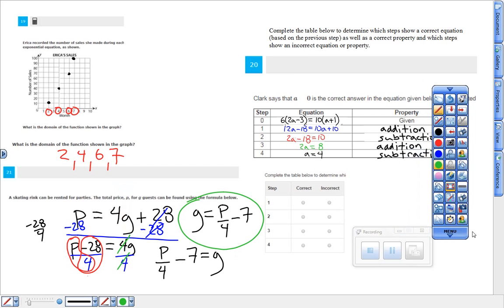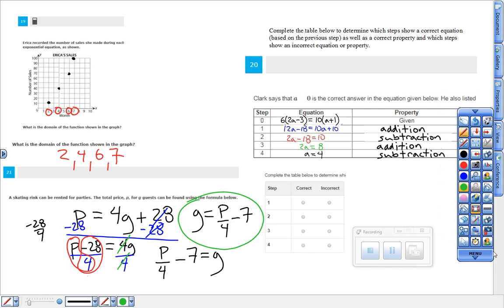This one right here is really weird, but let me show you what I was looking for. This first step, I distributed to get 12a minus 18 equals 10a plus 10. But this property says I use the addition property. That's incorrect. Next step, from that in blue to the one in red, looks like I'm taking away 10a on both sides, minus 10a minus 10a. That is subtraction. Correct.